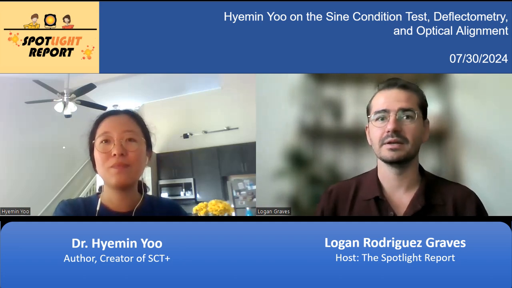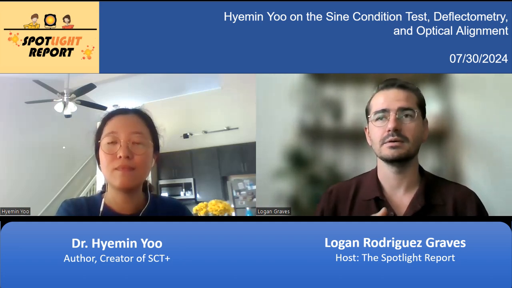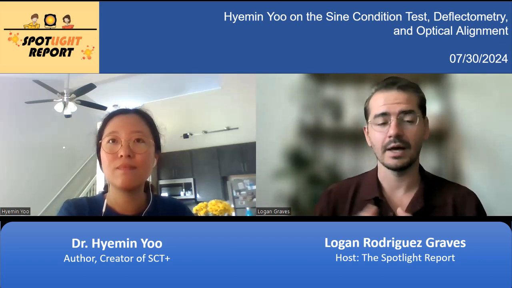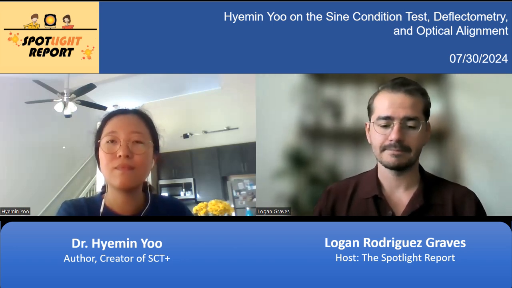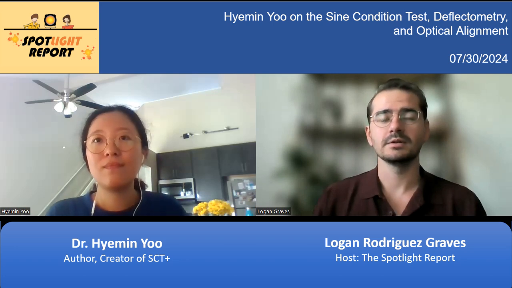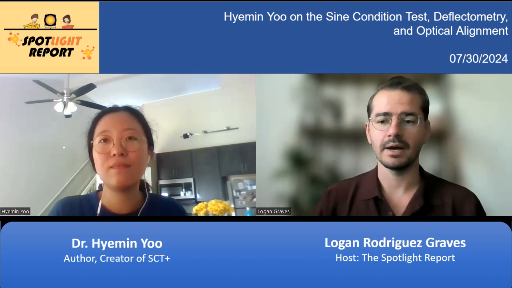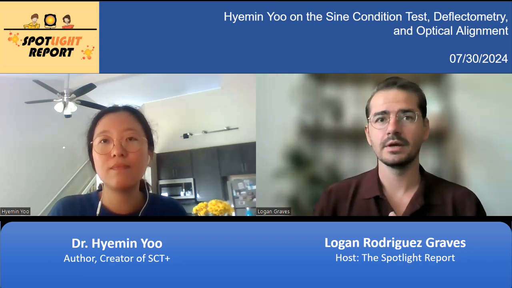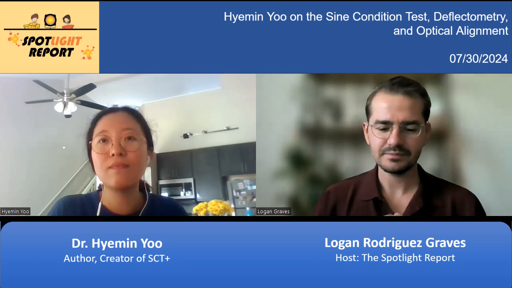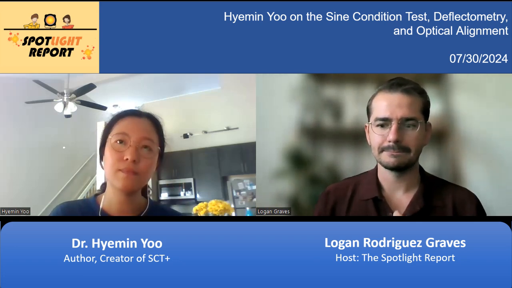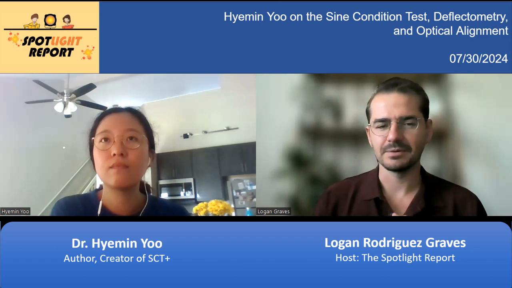My takeaway was the general claim: it's pretty hard to optically align systems, and what you found in your work was, if you combine the sign test and deflectometry, then you can capture common misalignment modes. I'm kind of talking around it because we'll get into the details, and you can do so in a convenient way.